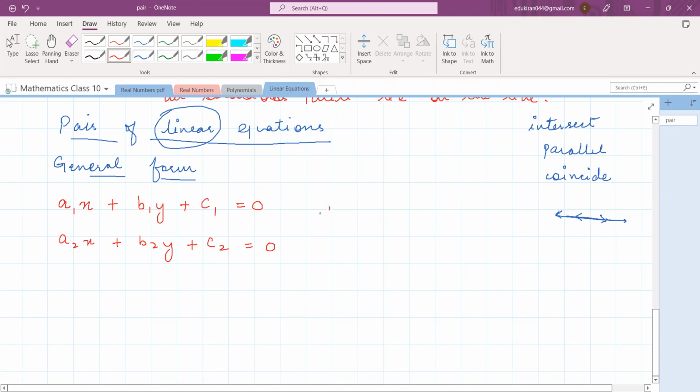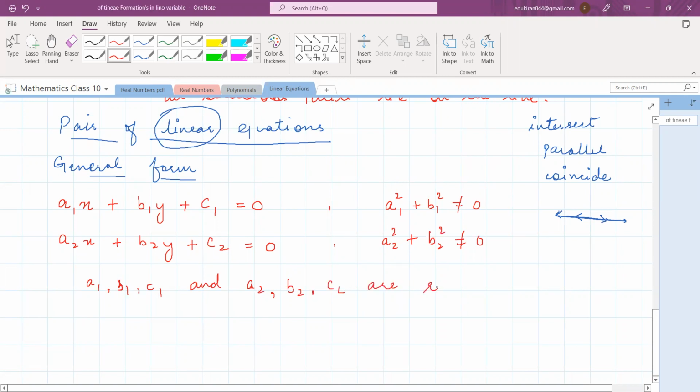And a1, b1, c1 are real numbers that you know. Similarly, a2, b2, c2 are also real numbers, and this follows the condition that a1 square plus b1 square is not equal to 0. Similarly, this one follows the condition that a2 square plus b2 square is not equal to 0, right?